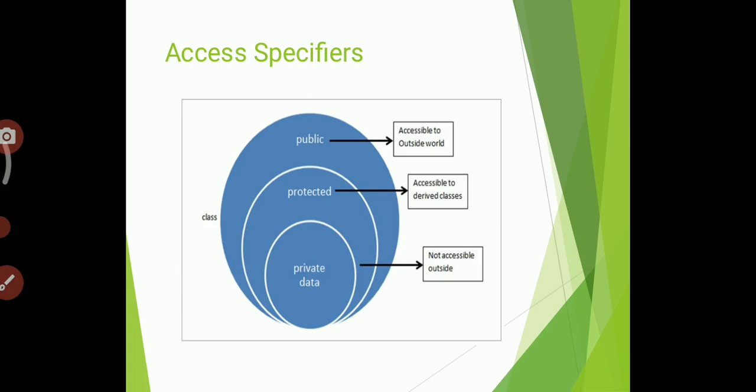The public access specifier is accessible to the outside world. Protected access specifier is accessible by derived classes, and private data are not accessible outside.